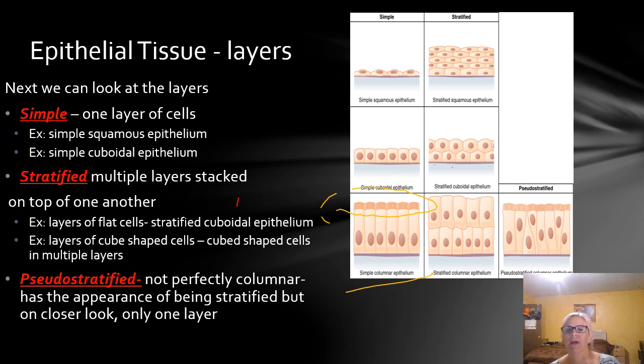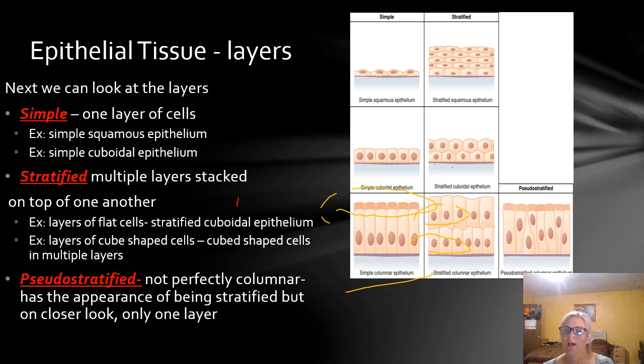And then next we have stratified columnar. Now I want you to notice these look like they're in the middle, but all of these nuclei don't necessarily look like they are perfectly in the middle. So that is a good example of one that kind of looks cuboidal, but is columnar. And so you'll be able to tell there's not necessarily an even amount of space around that nucleus there, okay?